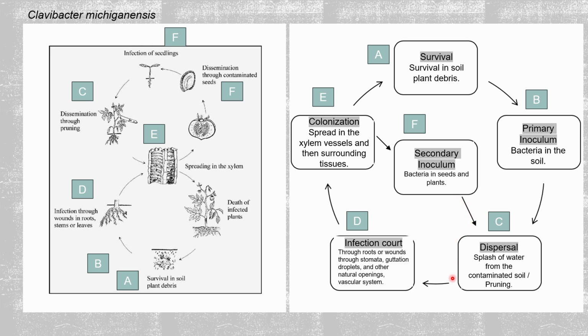Something that is also very interesting to me is that the bacterium survives in soil and plant debris. Sometimes we see plants already dying because of the symptoms. For example, if the bacterium is in the vascular system, probably the plant is going to die because the plant cannot get water or minerals.